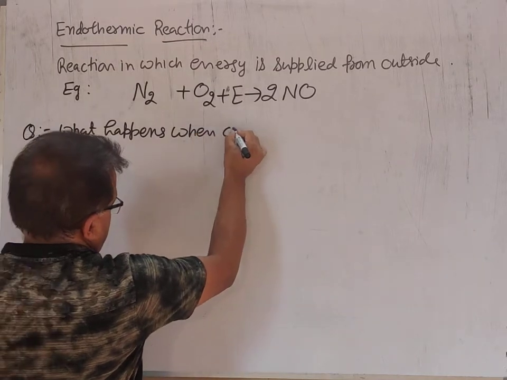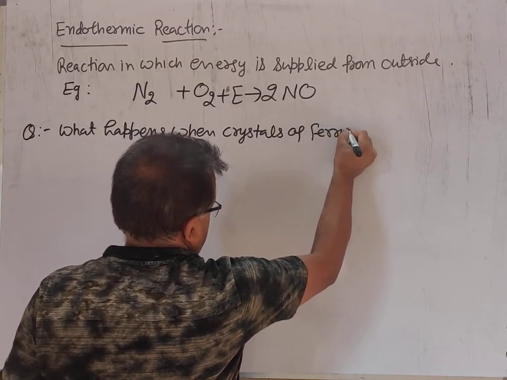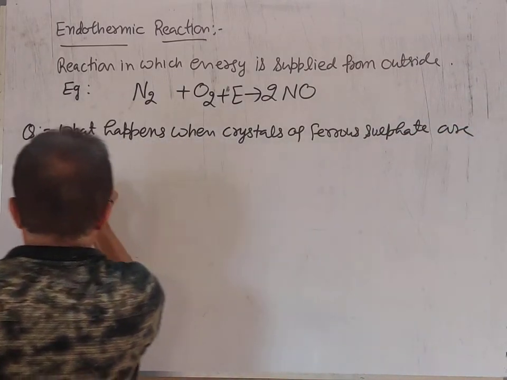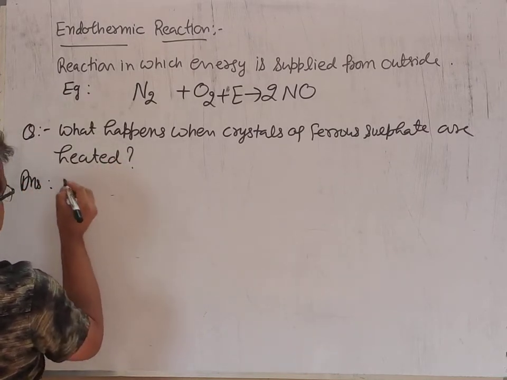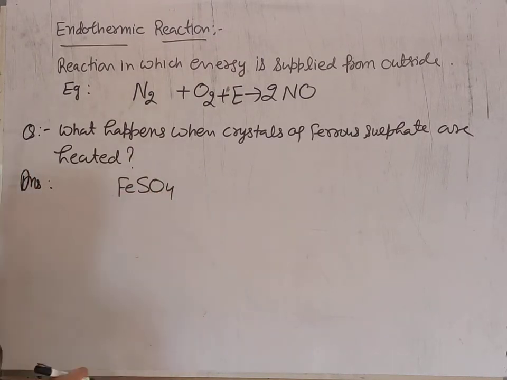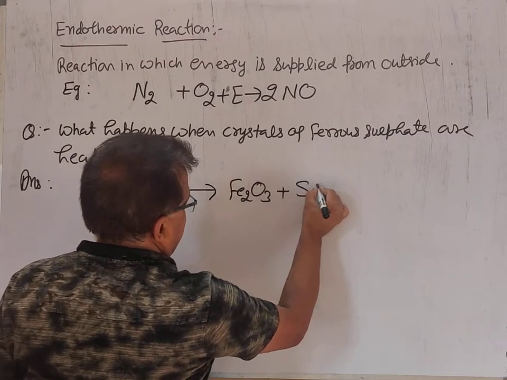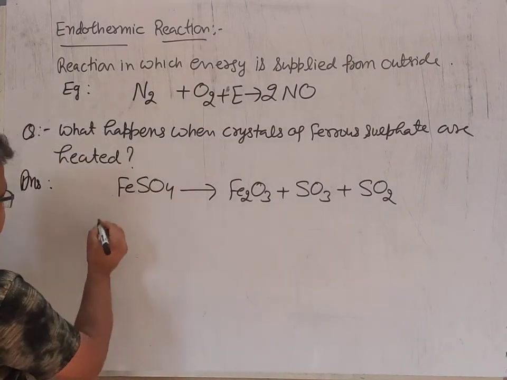We know ferrous sulfate is FeSO4, and if it is heated, then Fe2O3 plus SO3 plus SO2 are formed. It is ferrous sulfate.